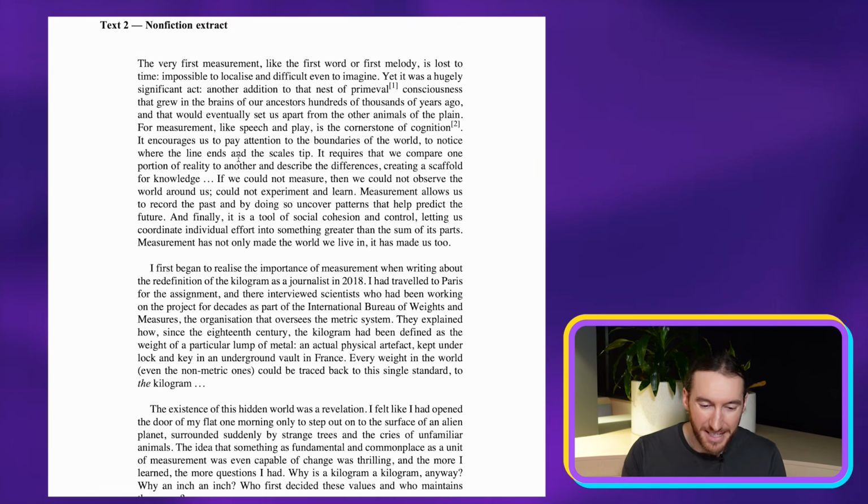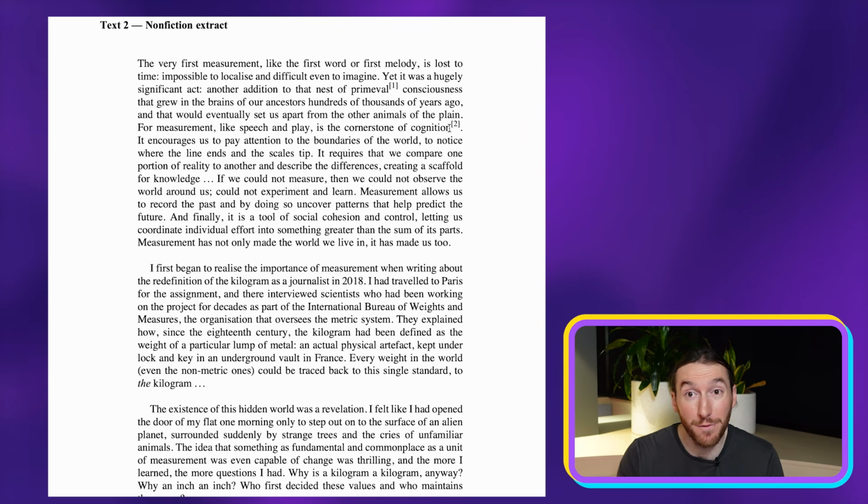Just pause here. Okay, the second quote we wanted to use was the one about measurement being like speech and play. And it says, "for measurement, like speech and play, is the cornerstone of cognition." Now that's a very definitive statement, isn't it? It says "is," not "might be" or "perhaps is." So that's high modality. I always like to think of MEST is best. M for modality, here it's high modality. Sometimes it's low modality if it said "perhaps."